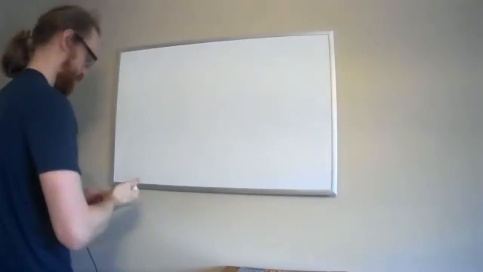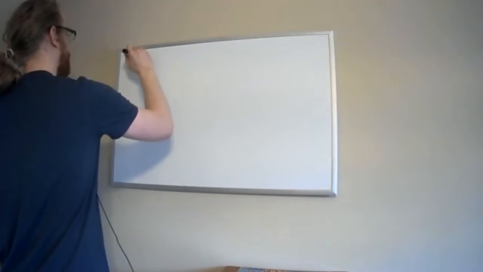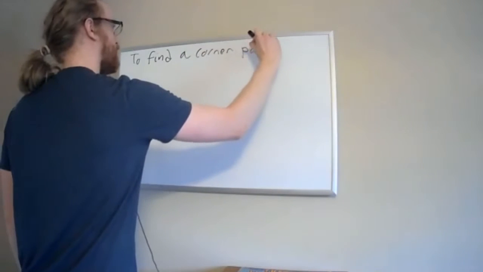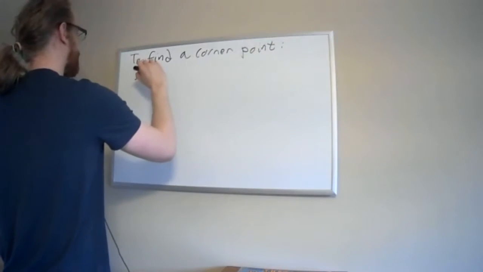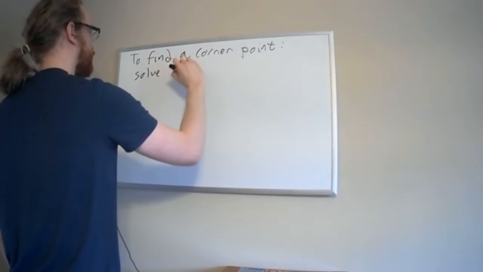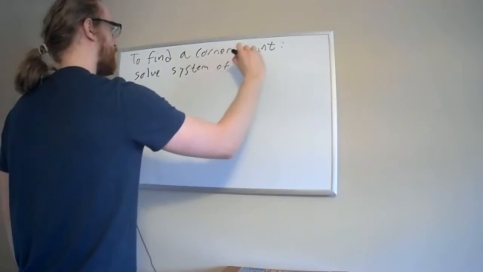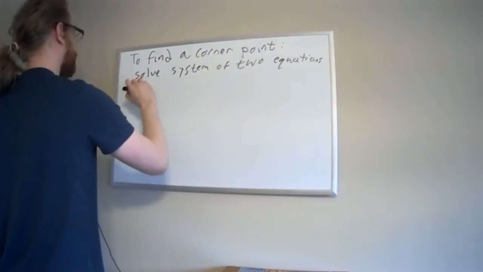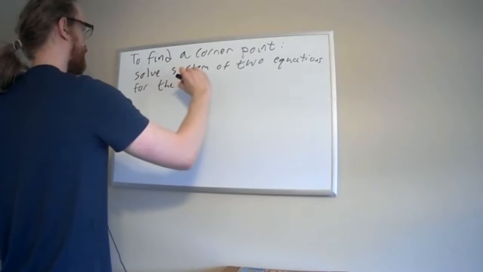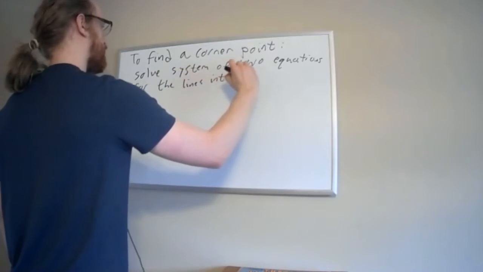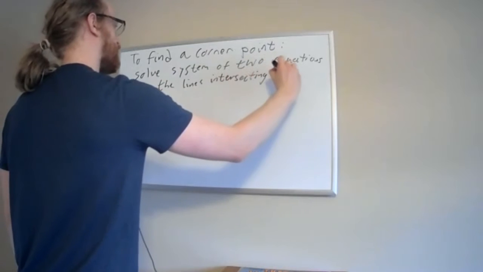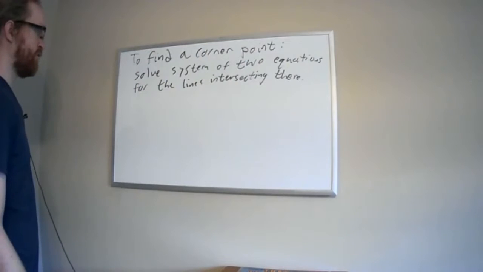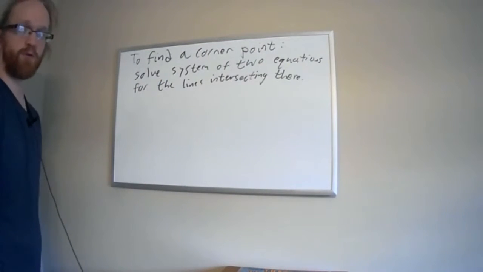Again, just to summarize, to find a corner point, we just solve the system of equations, system of two equations for the lines that intersect there. Okay, so the two lines that intersect at that corner point, we put them into a system of two equations, and then we solve that system, and that gives me the corner point.